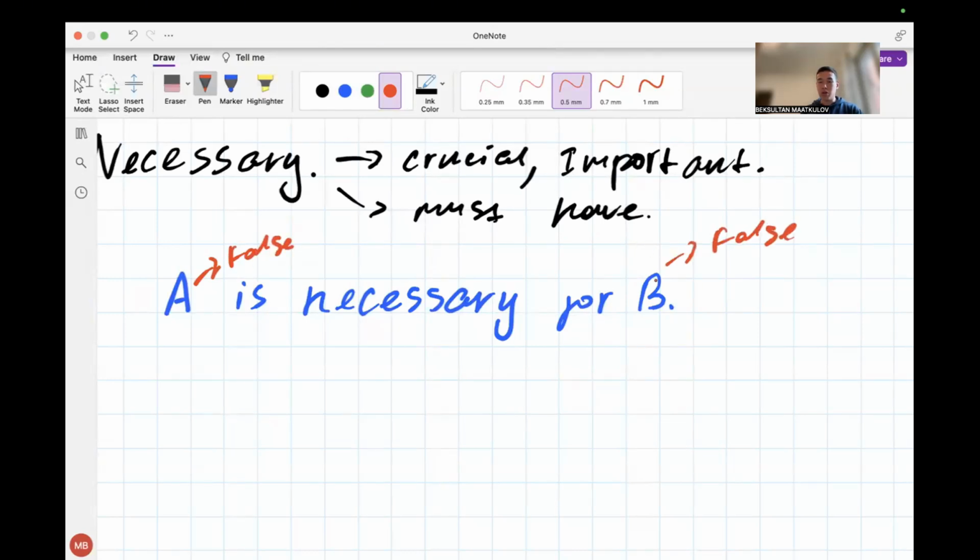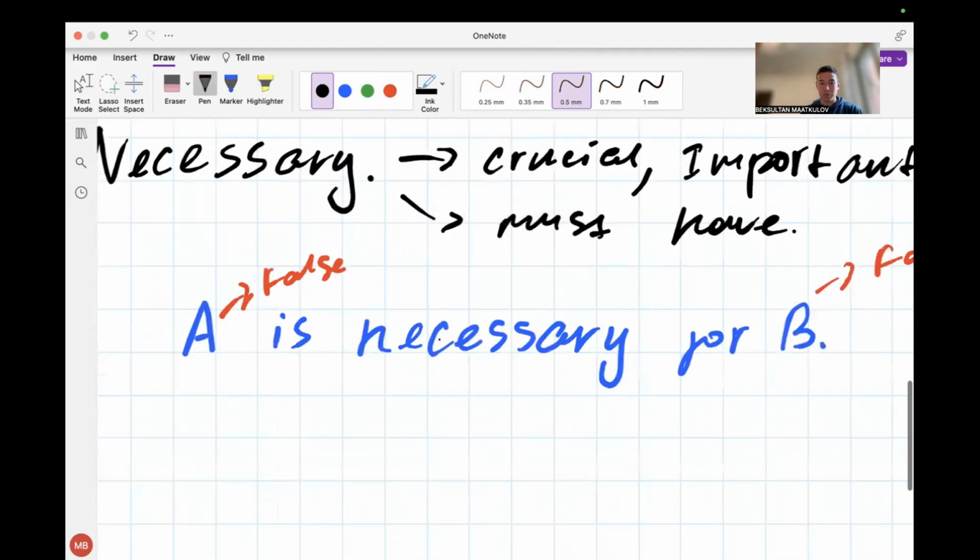The only way to get to B is by having A. But just having A does not guarantee that you will have B. But it guarantees that if you don't have A, you will not have B. So let me write.